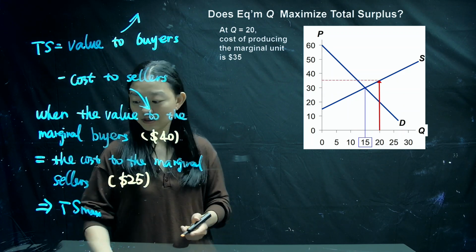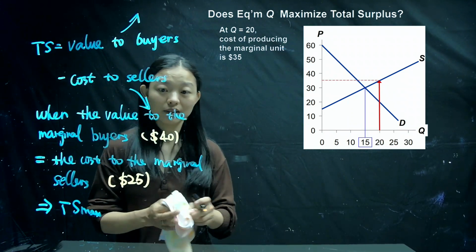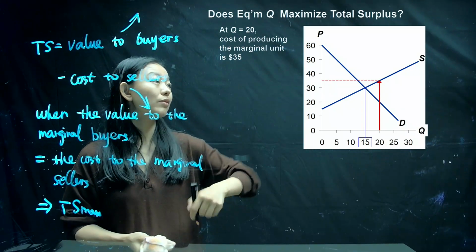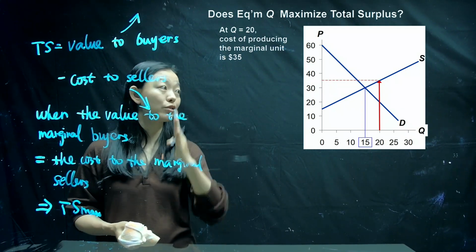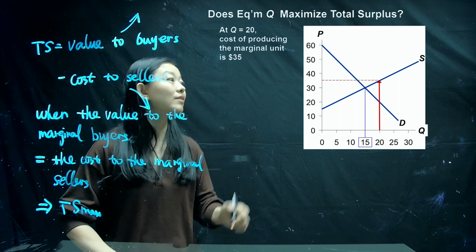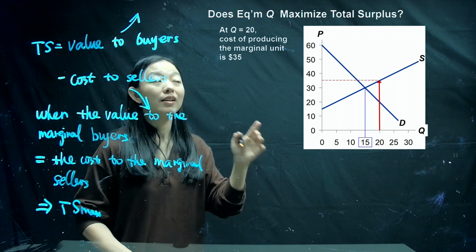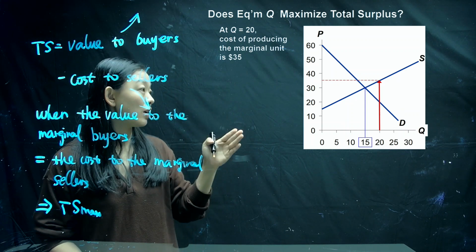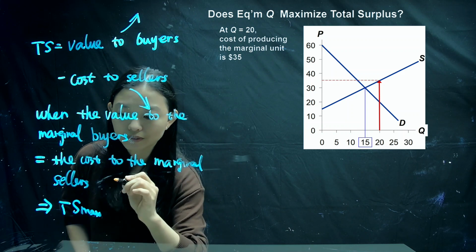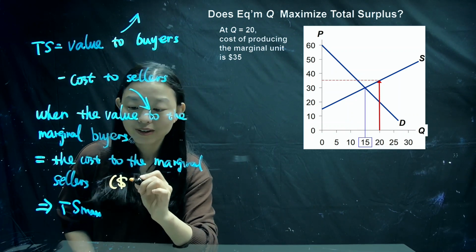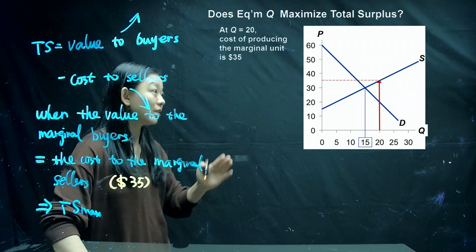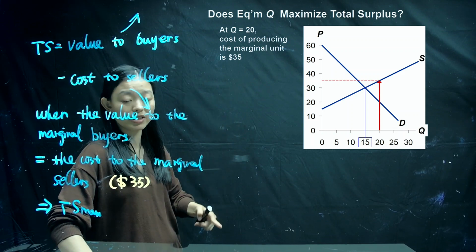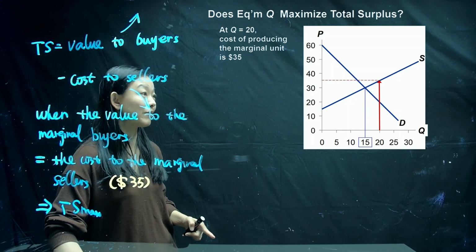If now the market quantity equals 20 rather than 15. Still similar, please draw a vertical line across 20 units. You can get the cost to produce this marginal unit, which will be $35, because you find the point on the supply curve and get the price equal to $35.